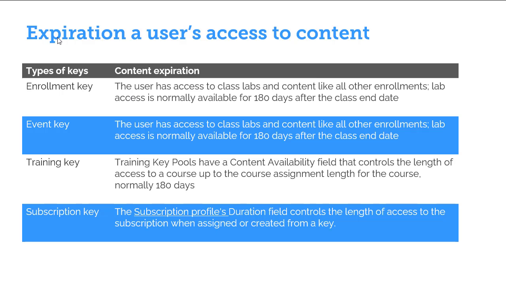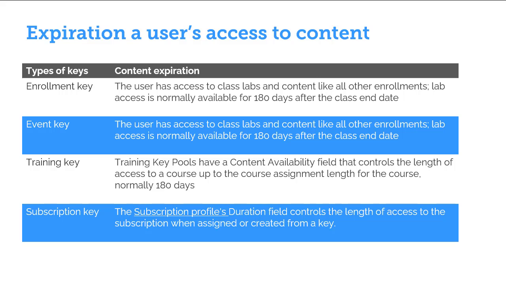The next thing we're going to talk about is the expiration of a user's access to the content. So there's a certain time period that they have access to redeem the key to create the content, and then the content itself has an expiration as well. So for an enrollment key and for the event key, it's the same.